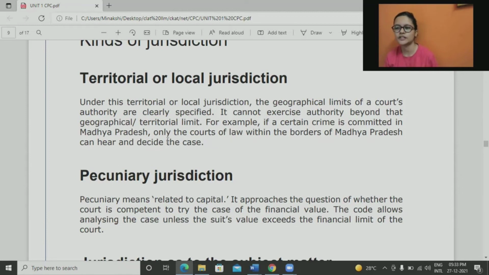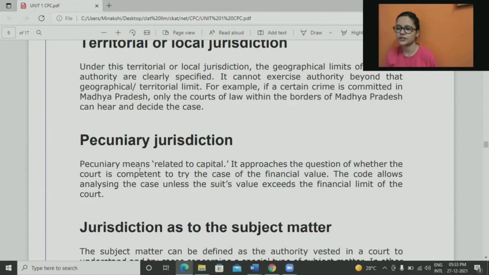So if a certain crime is committed, a certain wrong has taken place in Madhya Pradesh, the courts within the local boundaries of Madhya Pradesh will have the right jurisdiction to take up this matter and decide on the case. Territorial or local jurisdiction, that is, we should be approaching the local court.